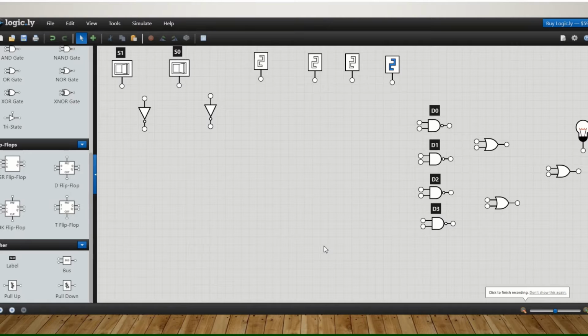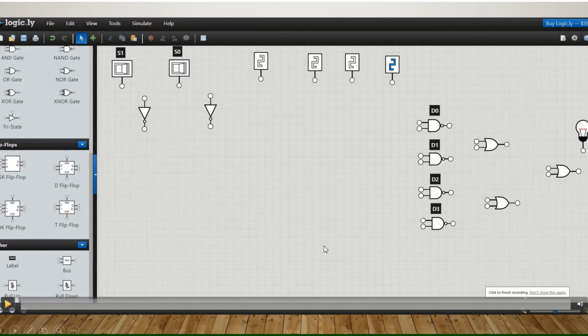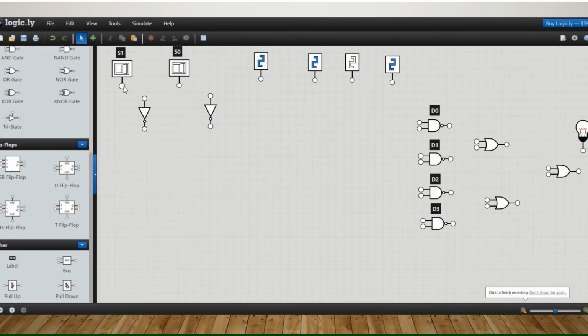Next, we'll see the simulation for multiplexer. We need 2 toggle switches, 2 NOT gates, 4 clock pulses, 4 NAND gates, 3 OR gates and 1 bulb.